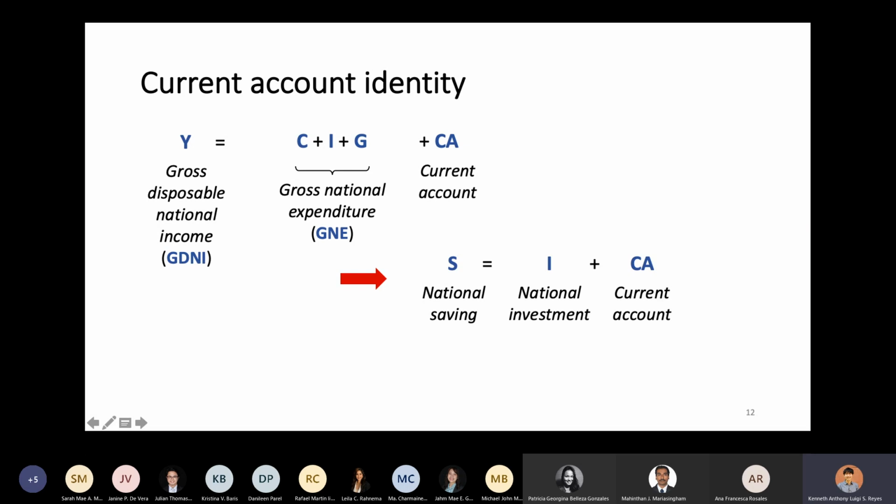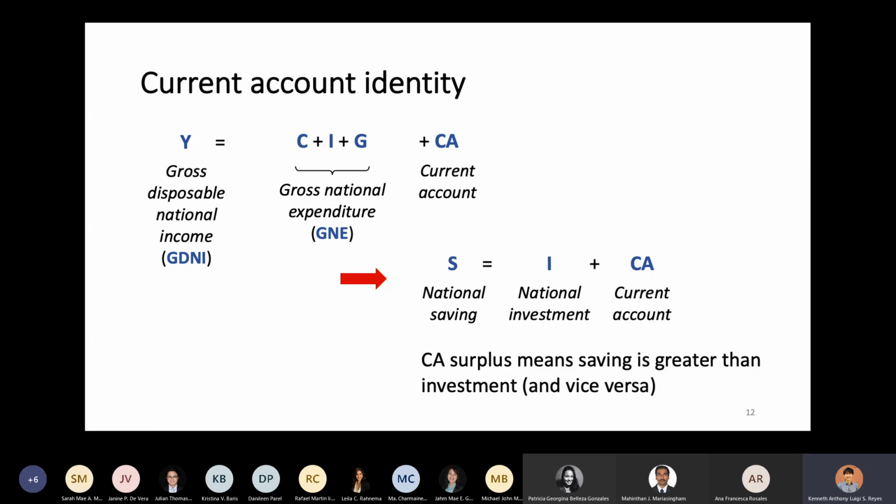Okay, sorry, just these two, consumption and government, so that we have savings on one side and investment plus the current account balance on the other. So this gives you the current account tells you how savings and investments are to be reconciled.